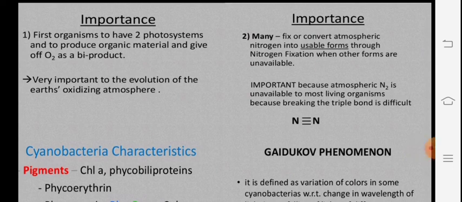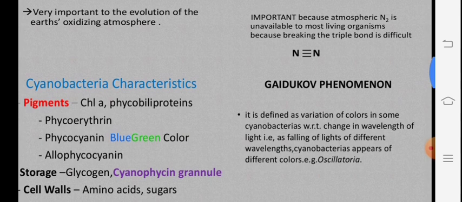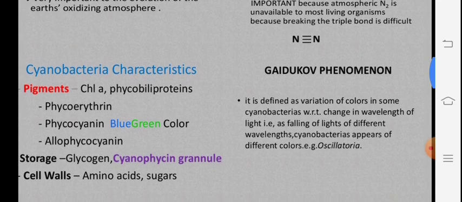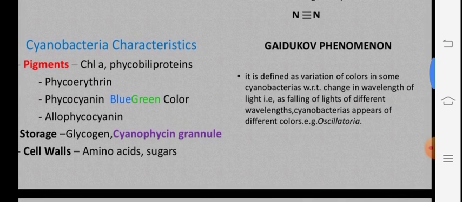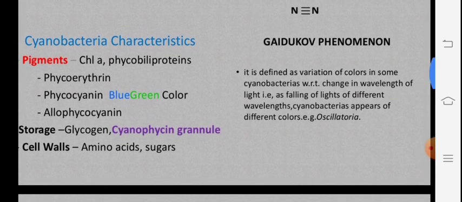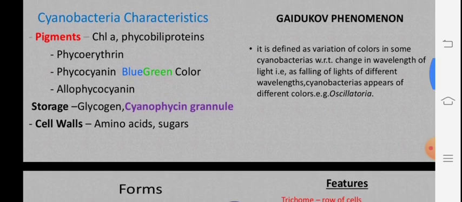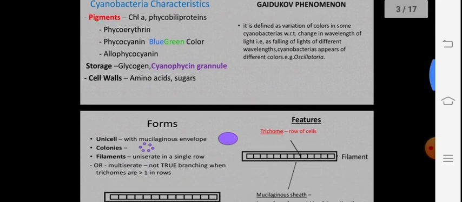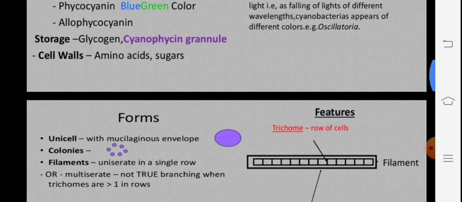As there are changes in the wavelengths of light, they have different colors. So with the wavelength, the cyanobacteria appear in different colors. A good example is the genus Oscillatoria.